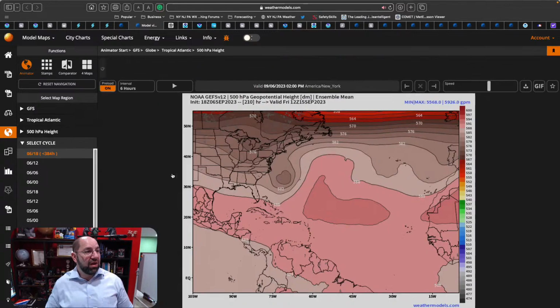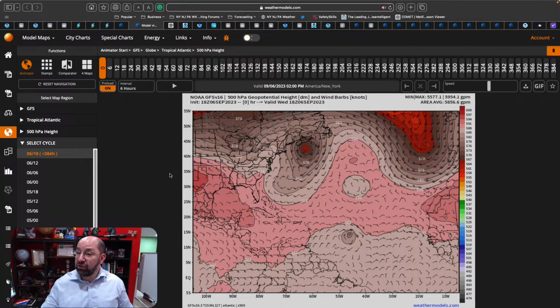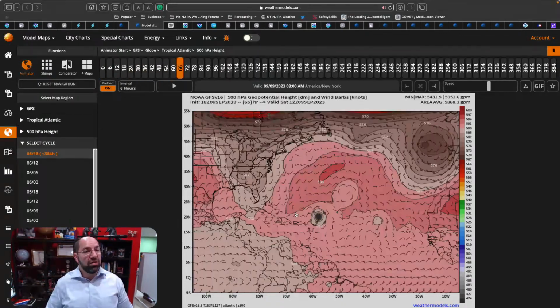In the GFS guidance, and we're looking at 500 millibars for a reason, because what I want to do is illustrate the interaction between this low and this ridge, and how the strength of this ridge will allow Lee to track further west, but also the interaction of this trough is going to matter.